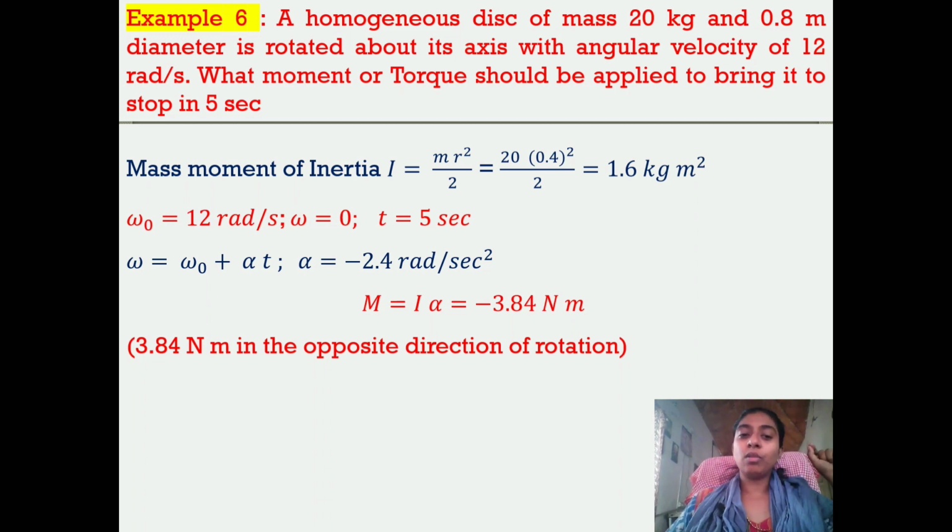We know the value of I and alpha. So we get the torque to be applied to bring the circular disc to stop in 5 seconds as minus 3.84 Newton meter. That is, a torque of 3.84 Newton meter should be applied in the opposite direction to bring the circular disc to rest in 5 seconds.